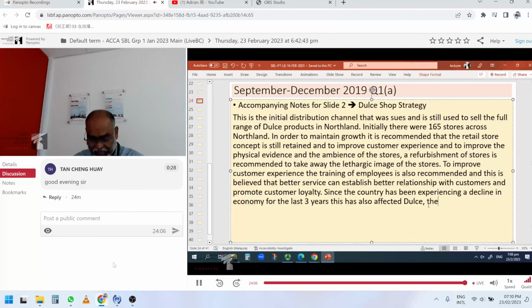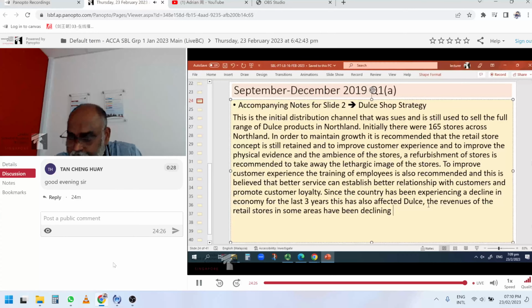The revenue of the retail stores in some areas have been declining. The revenues of the retail stores in some areas have been declining as a result of the recession.